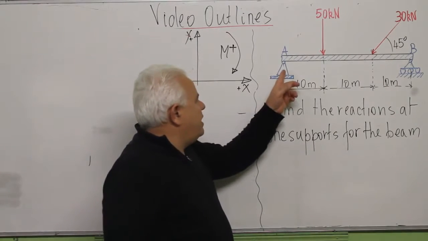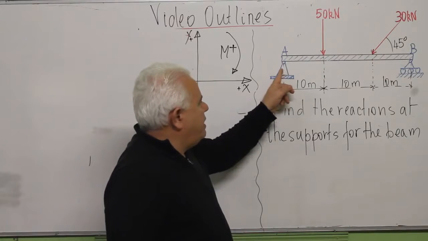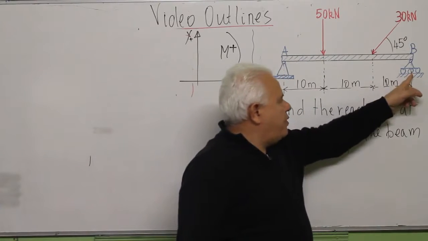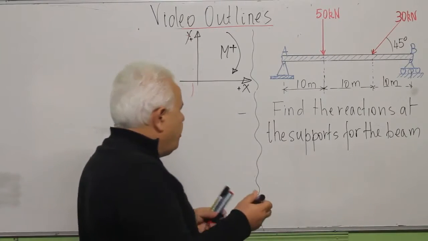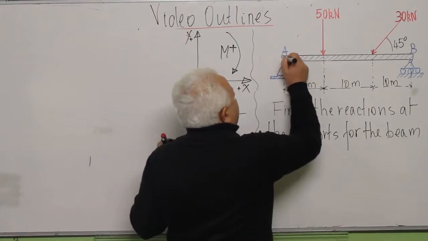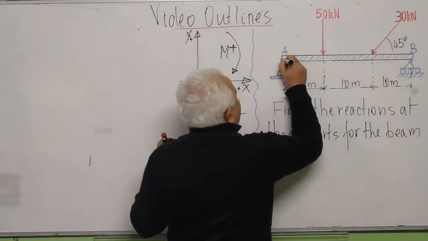Here we have a hinge, a pin, and here we have a roller. So when we have a pin, the pin will oppose this movement.